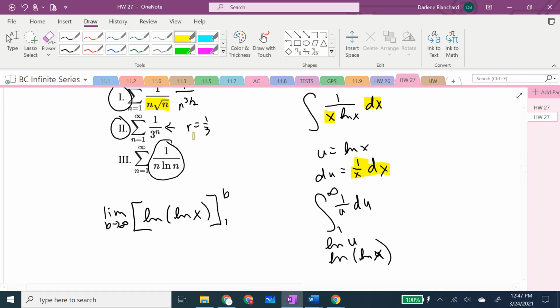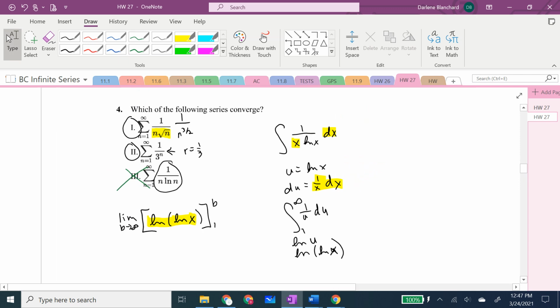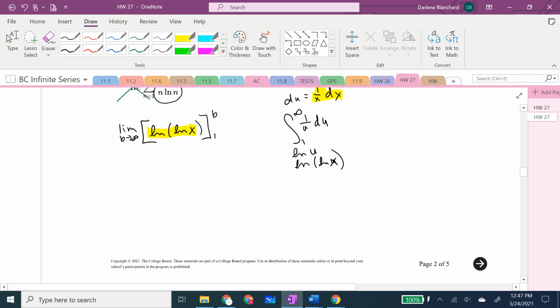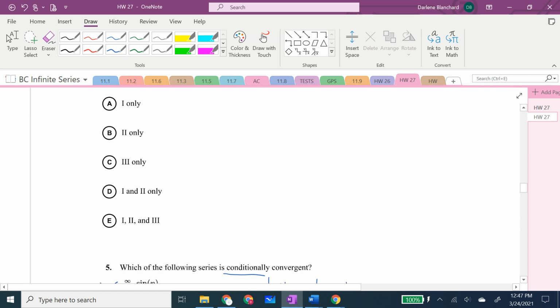As soon as I plug that b in here, and I look at heading to infinity, natural log of infinity heads to infinity slowly. Natural log of super slow infinity is still super, super slow infinity. It is heading to infinity. It does diverge. That one is diverge. So 1 and 2 only for number 4.